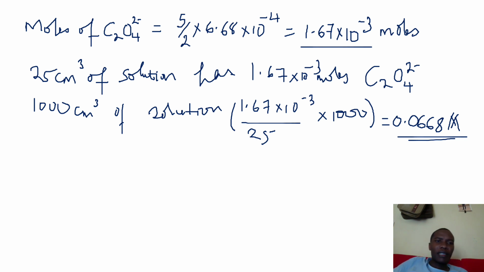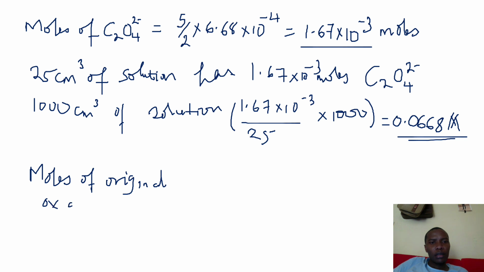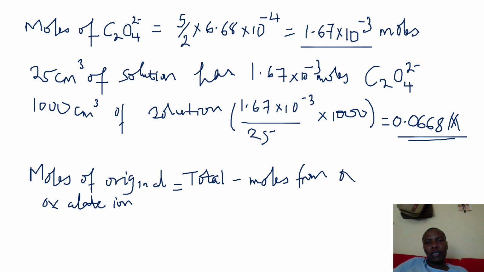So we're going to say that moles of original oxalate ions equal total, now when I talk of total, I mean this 0.0668, minus moles from the oxalic acid.